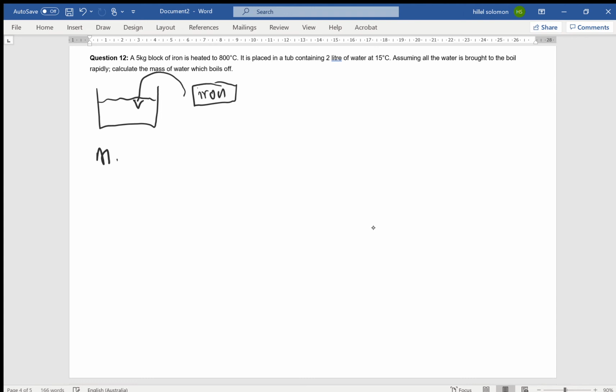The mass of iron is 5 kilograms. The specific heat capacity of iron, we're not told, I think we are told in the question on the sheet that I gave you. The specific heat capacity of iron that I'm pretty sure I gave you is 450.